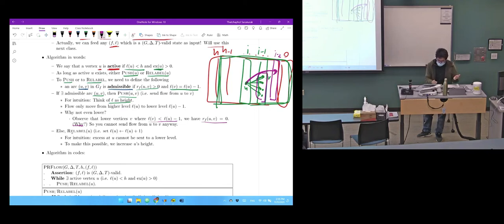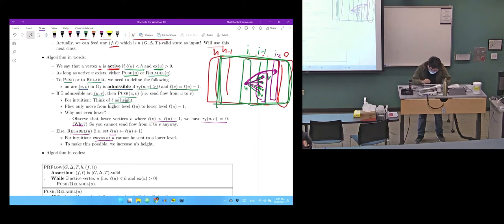Otherwise, it means that there are no admissible edges from U to the next level. So what you will do is relabel the node. And by relabel, I mean to make it higher by one level. And that makes sense, right? Because the excess cannot be sent to a lower level, maybe you need to make it higher so that it can be sent to some other node.